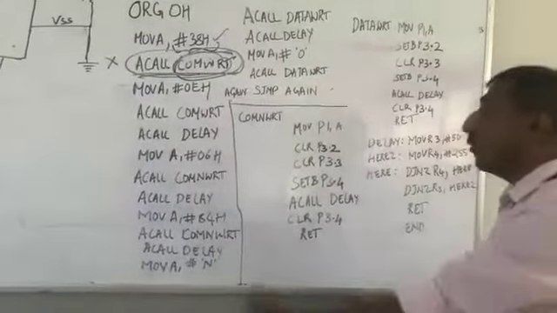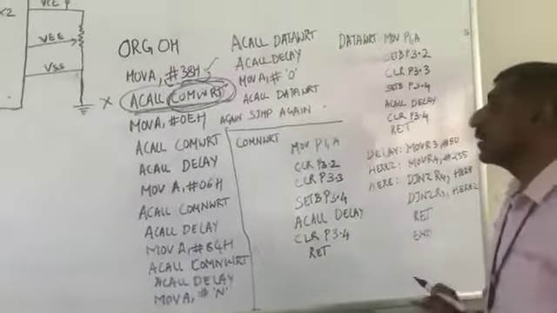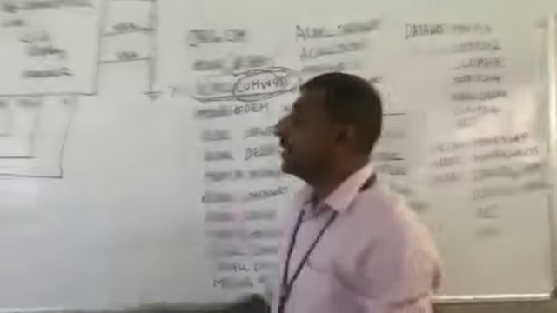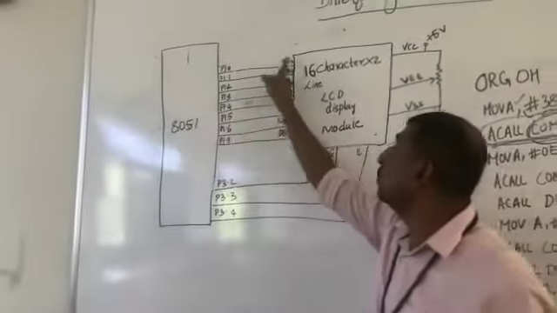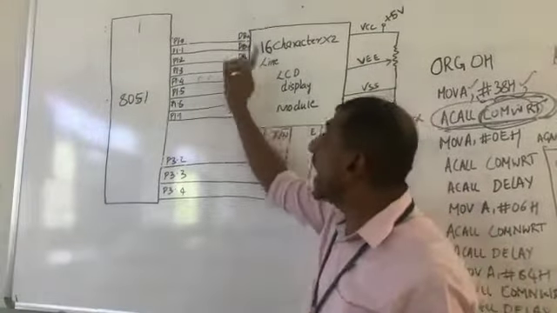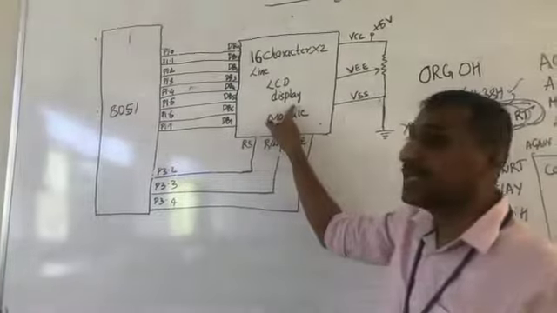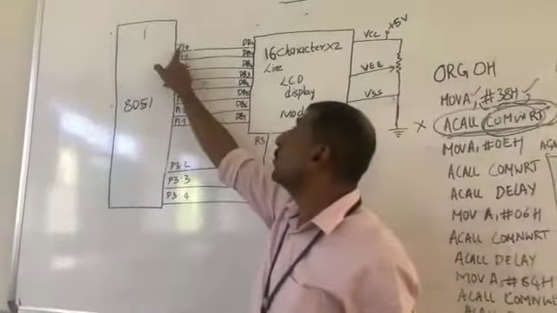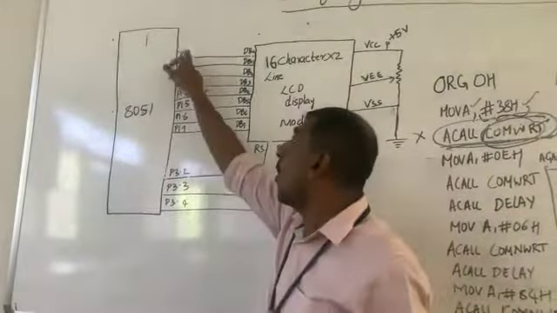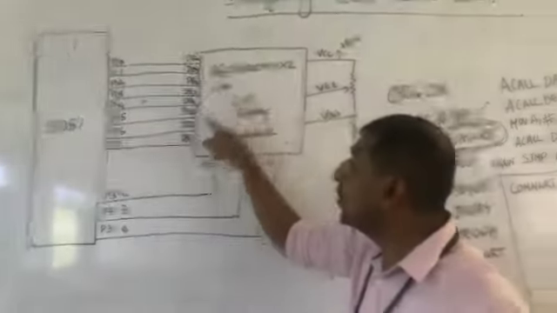So now, when it jumps here, what are we supposed to do? The command is still there in the accumulator, and can I send it from the accumulator to DB0 to DB7? No. I should know which lines from the 8051 are connected to the LCD display. It is port 1, port 1.0 to port 1.7. All 8 bits of port 1 are connected to DB0 to DB7.